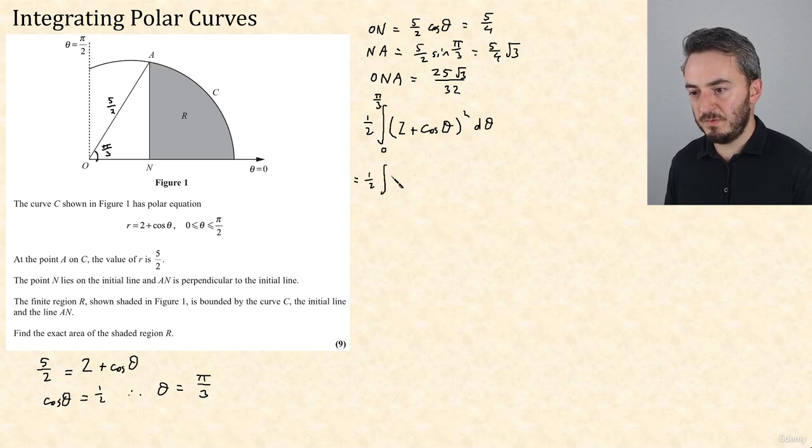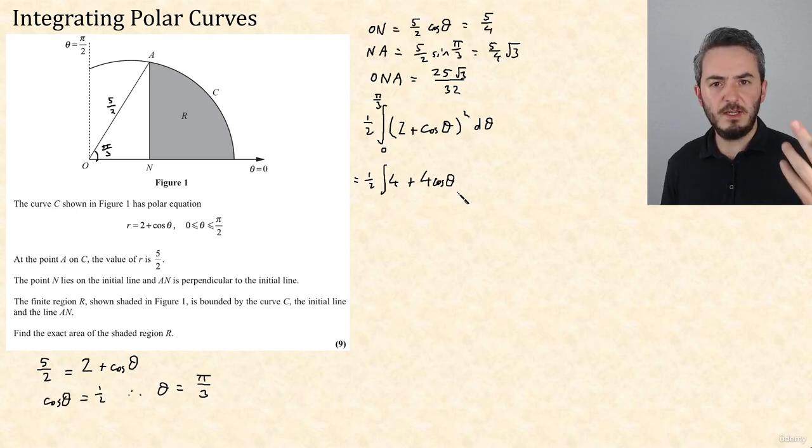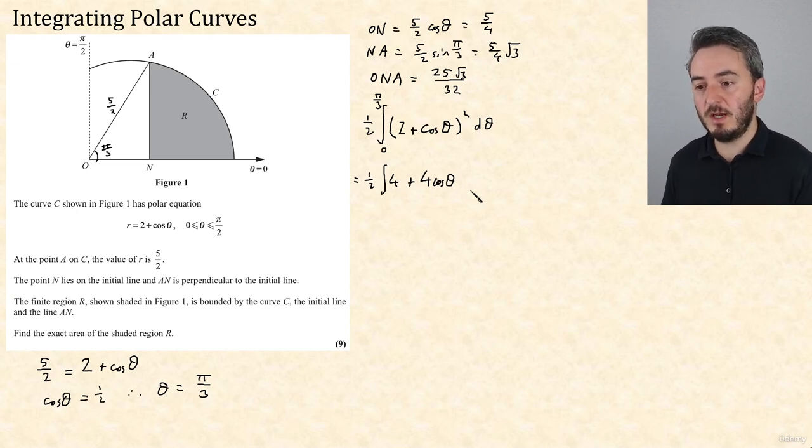So expanding this, we get 4 plus 4 cos theta plus cos squared theta. You'll see that very often I do this in one go. Just get used to that because it's quite useful. Rather than writing a whole extra line, it's useful to just say, I know what cos squared theta is. It's a half plus half cos 2 theta.